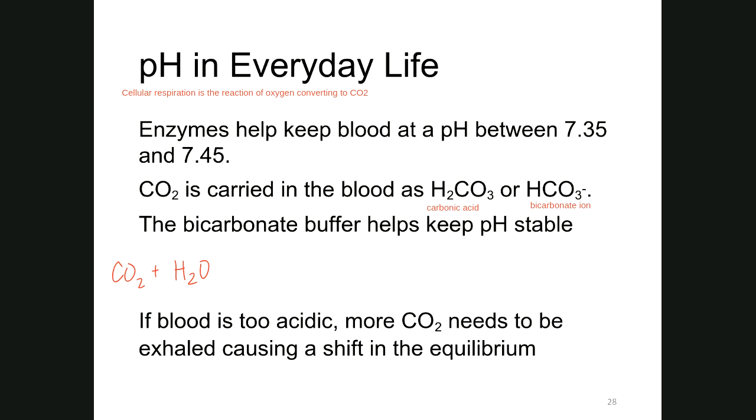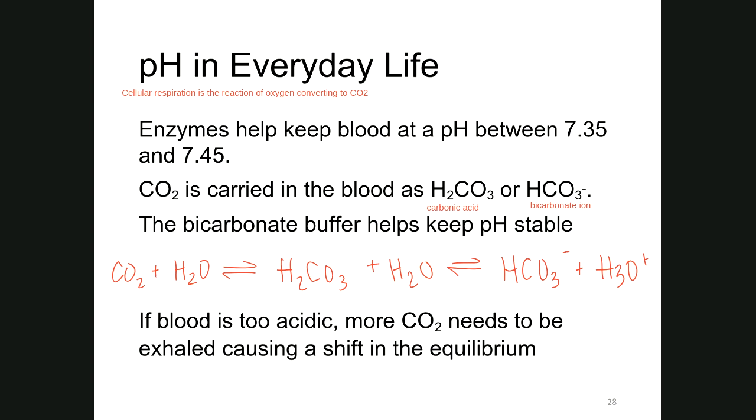And so the way that it normally happens is we make our H2CO3, which can then react with more water in our blood, and we end up making bicarbonate and hydronium. So hydronium, we know, we've seen it before, is a very strong acid. It can bring down your pH very, very quickly.